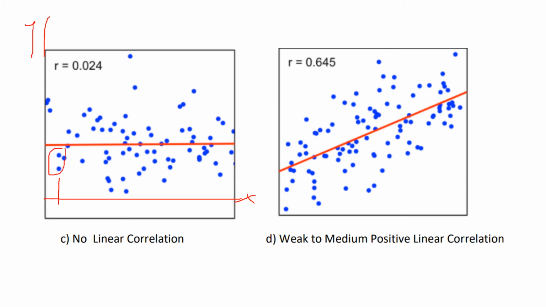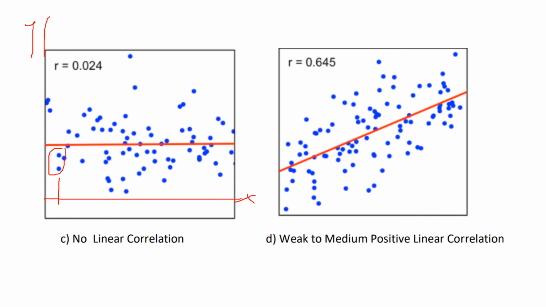If most of our points behave like this, where a value of x can provide two values of y, or two values of y can provide only one value of x, then there is no linear correlation involved in this figure. So you need to check all of these.